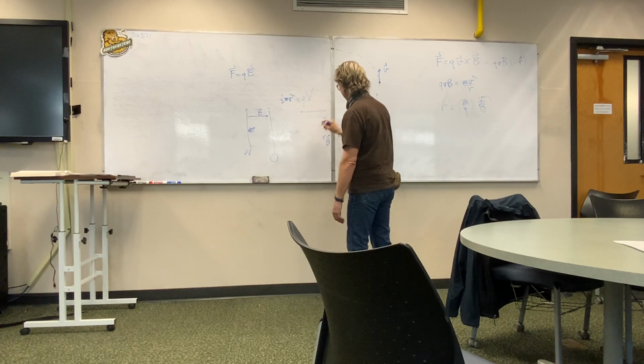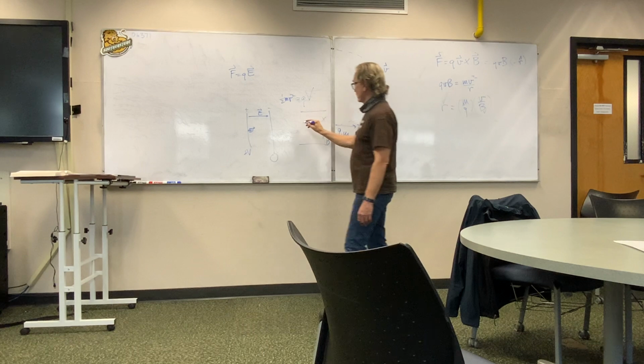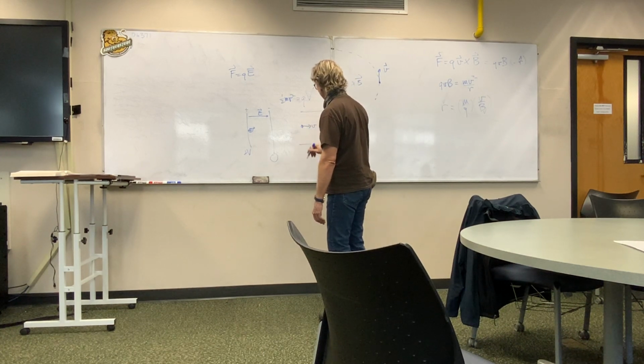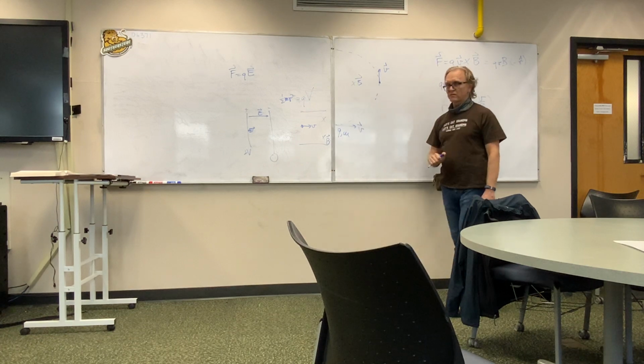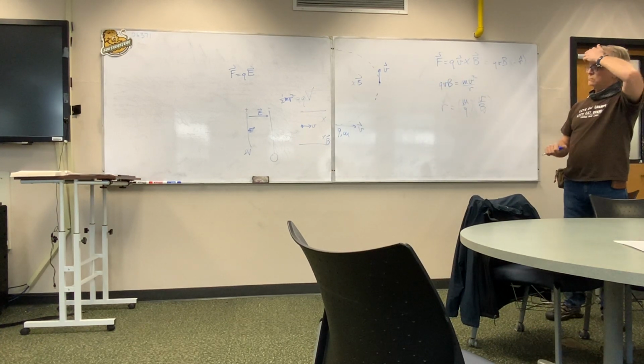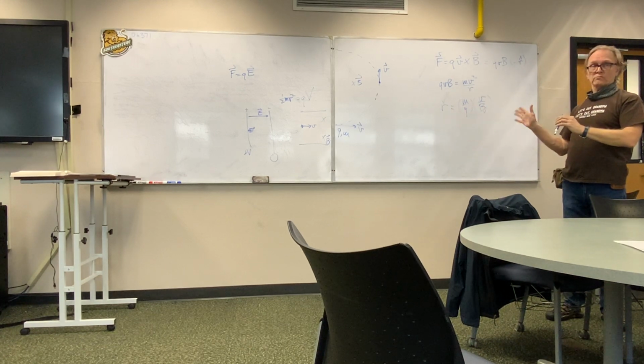I now create another electric field. I have what I believe is a positive charge going in that direction with some speed v. Which direction is the magnetic force? Field's in. Magnetic force is V cross B, up.